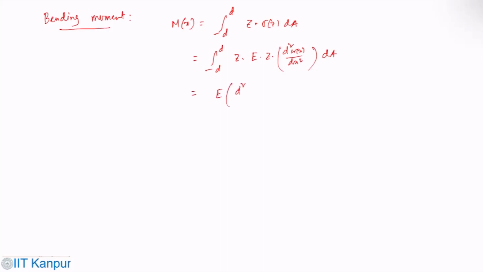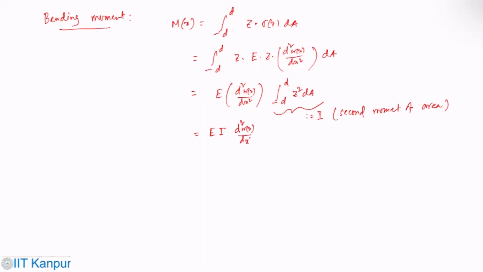E d2 Wx by dx2 times the integral of Z squared dA. This term is nothing but I, which is the second moment of area. So what we get, E I d2 Wx by dx2.